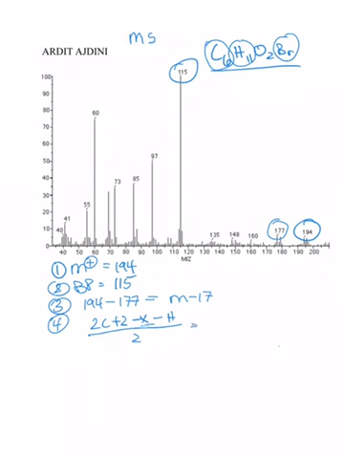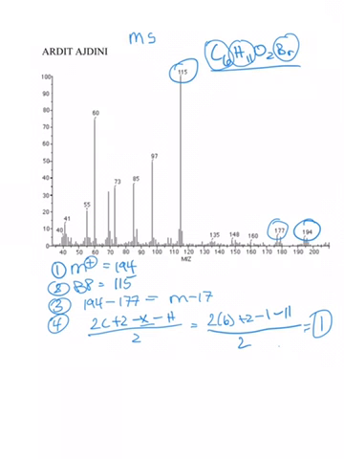So putting some numbers to this, we get 2 times 6 plus 2 minus 1 minus 11, all over 2. And this is going to end up being 1.